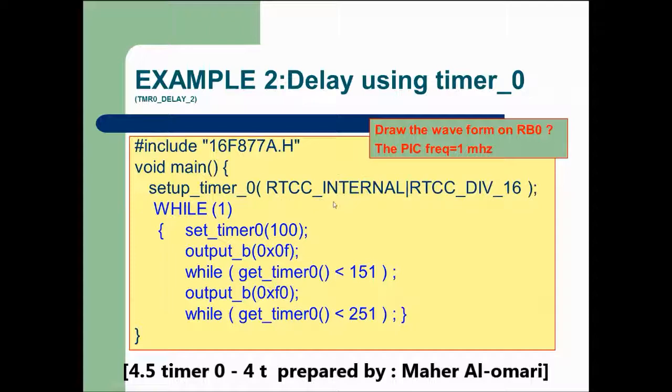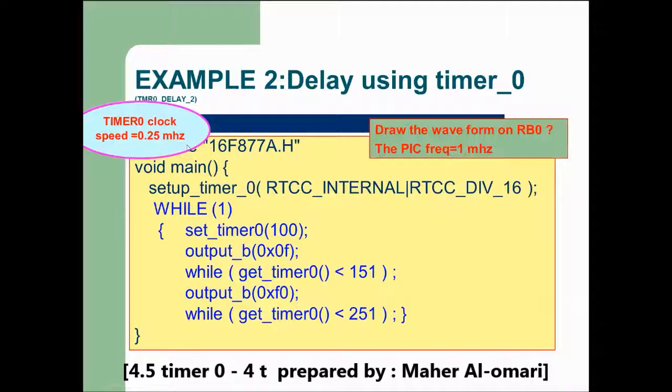That means the clock fed to the timer 0 before the prescaler is 1 megahertz divided by 4, which means the speed at the timer 0 before the prescaler is 0.25 megahertz.